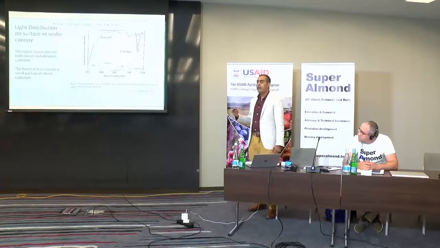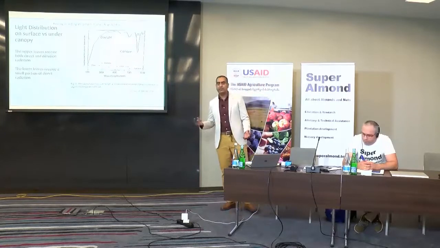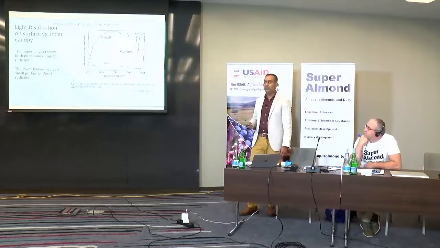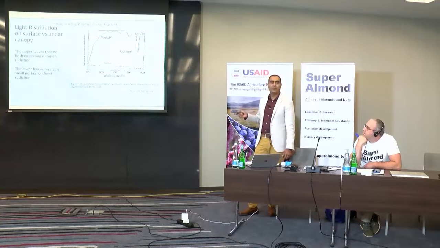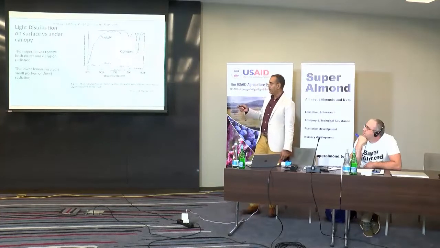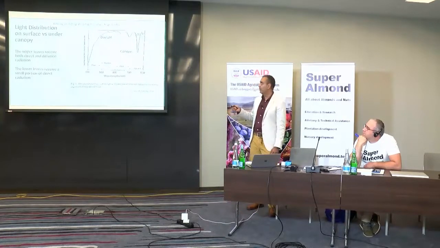I don't want to go into too much detail of the physiology, but I would say that there are two peaks, chlorophyll A and chlorophyll B. One peak is in the blue and another peak is in the red. So the plants really utilize the blue light and the red light for photosynthetic activity. And look at this. This dotted line is basically inside the canopy, under the canopy.